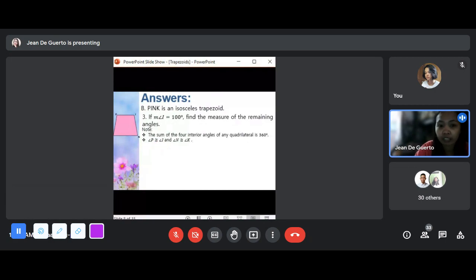So, angle P is congruent to angle I. Angle N is congruent to angle K because they are the pairs of base angles. Okay, so yung formula natin para sa angle sum theorem, you just add all the angles. Siyempre, yung unknown, you are going to represent it as X. Which is actually, yun yung formula na ginamit ni Remark.